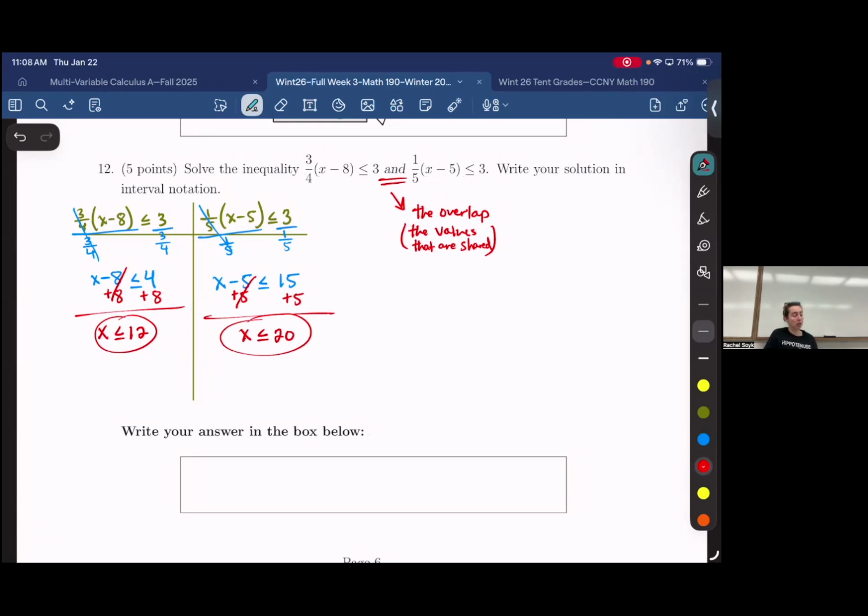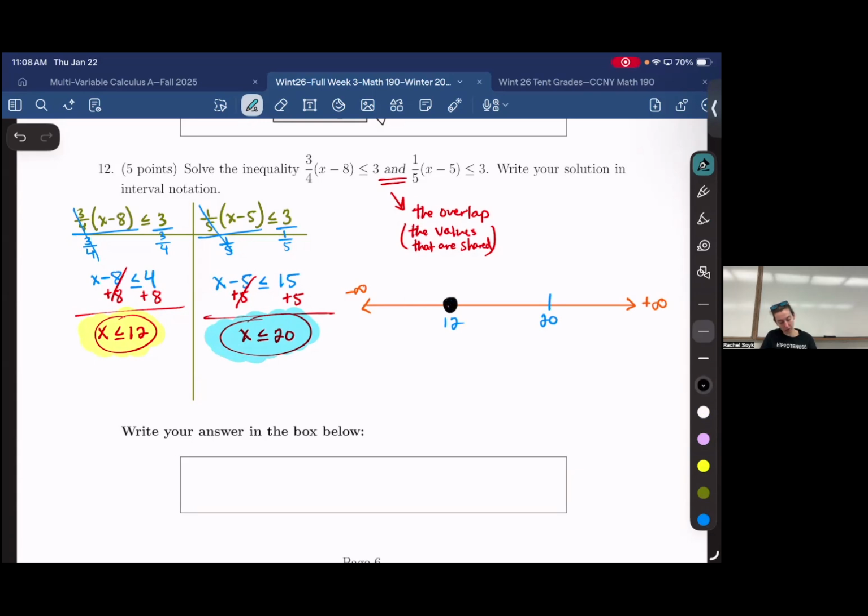So now I'm going to create my number line. I'm going to put in 12 and I'm going to put in 20. That first inequality, why don't we have that be yellow? That second, we'll have that be blue. So we have x is less than or equal to 12.